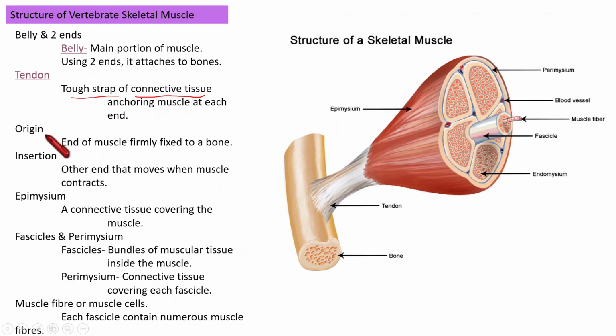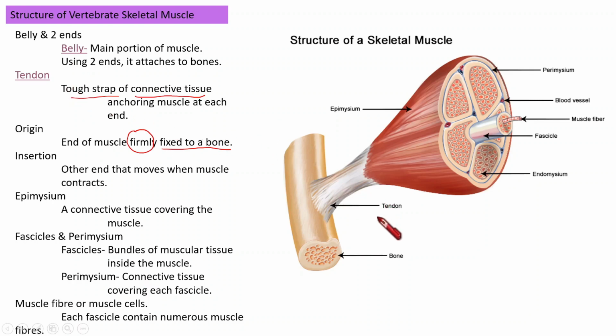Then origin. What is origin? Origin is the end of the muscle that is firmly fixed to its corresponding bone. That is important: one end is firmly fixed to that bone. I will show you.